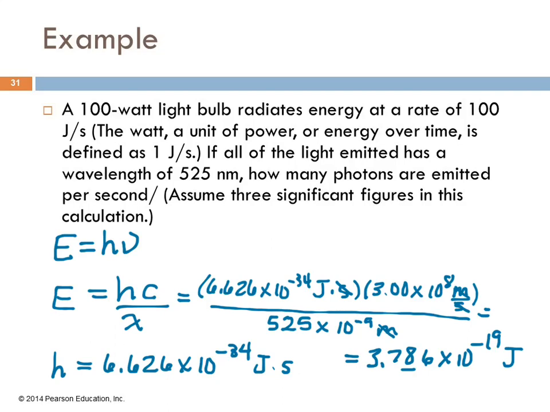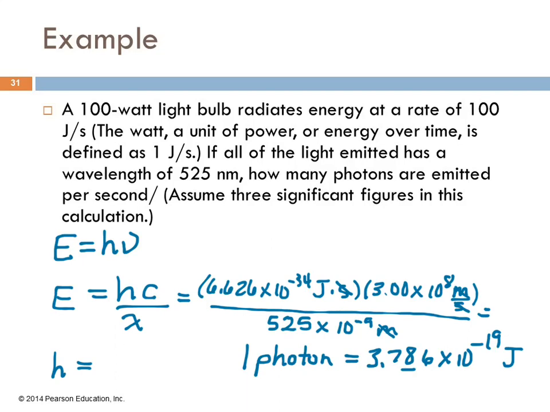Well, we can say that one photon is equal to that many joules. We could use that as a conversion factor to relate 100 joules per second to photons. This is all dimensional analysis.